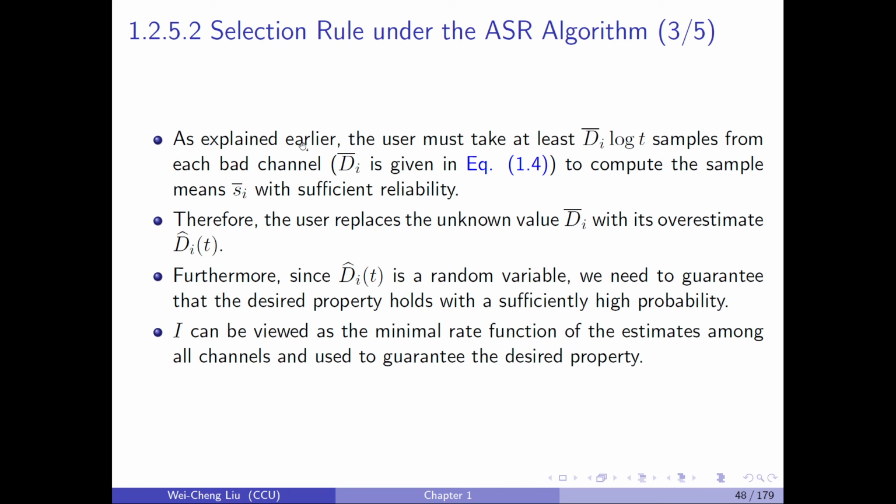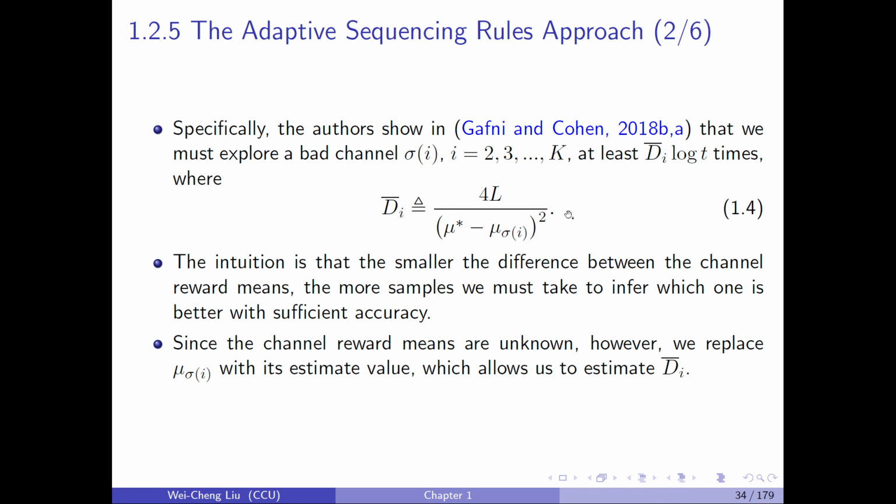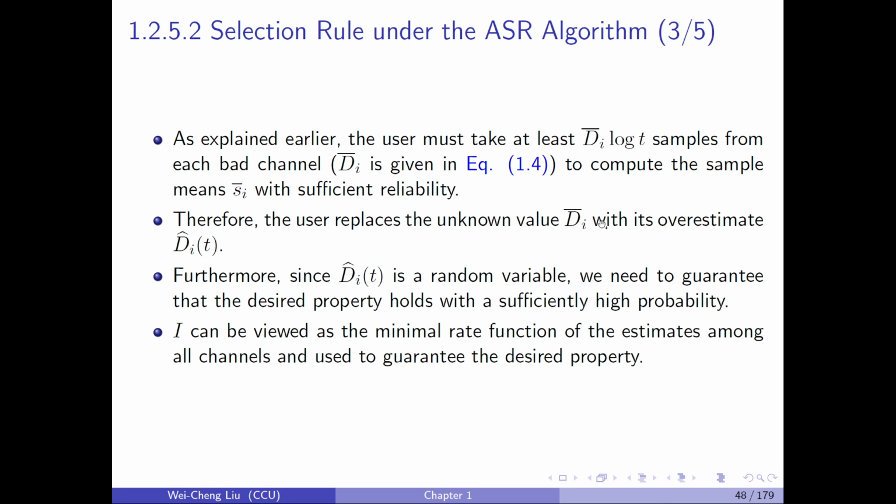As explained earlier, the user must take at least d bar I log t samples from each bad channel. d bar I is given in equation 1.4, which we have introduced earlier in today's course, to compute the sample means S bar I with sufficient reliability.